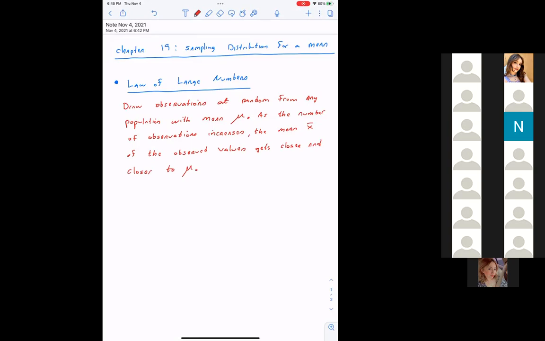So if I flip a coin one time, is it more likely to be heads or tails? Assuming it's a fair coin. Equally likely, right? Fair coin, 50-50.